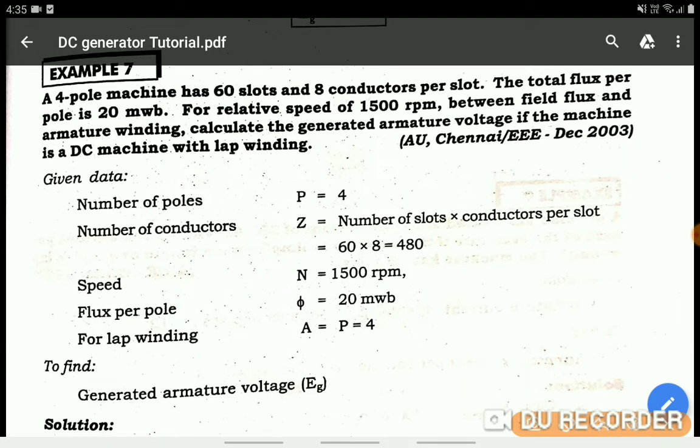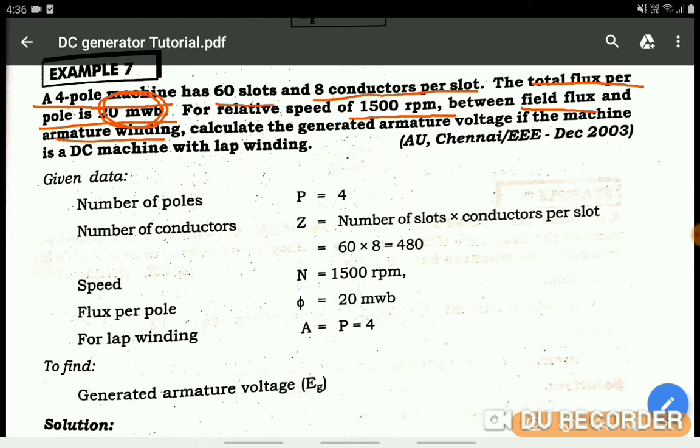Example 7. A 4-pole machine has 60 slots and 8 conductors per slot. The total flux per pole is 20 milliweber. Please be careful, it's 20 milliweber. For a relative speed of 1500 RPM between field flux and armature winding.